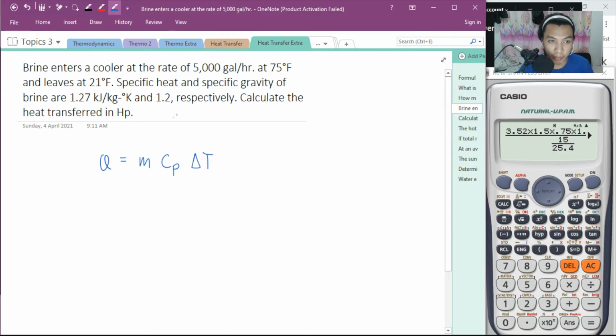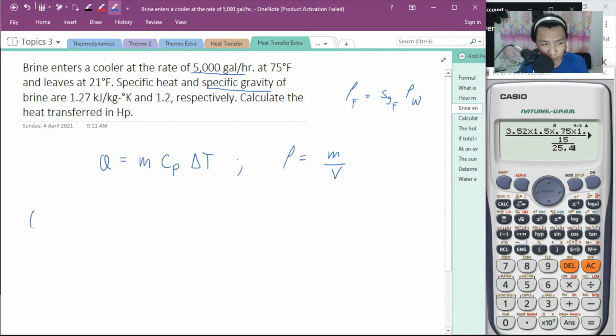Ang problema mo, ang binigay sa'yo dito is the SG. Recall that the density is equal to mass over volume. So, wala kang mass, kukunin mo dito sa density and volume. Meron kang volumetric flow. Density ng fluid is equal to SG ng fluid multiplied to the density ng water.